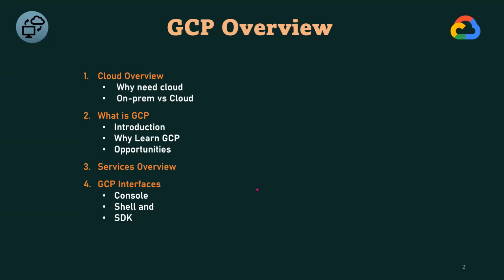And after that, I told you about GCP interfaces. If one wants to work with Google Cloud Platform, we need to learn how to work with the console, Cloud Shell, as well as Cloud SDK. So this is what we have seen.